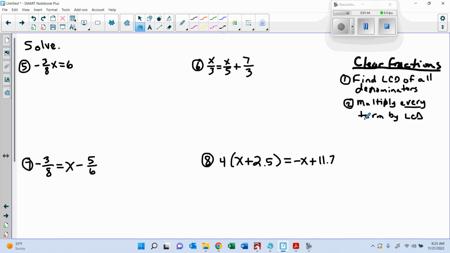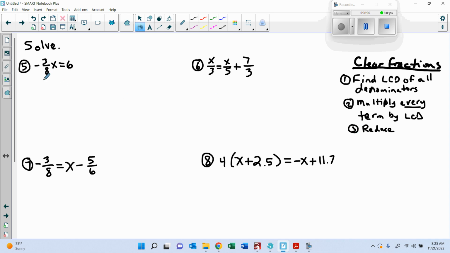That's on both sides, okay? Every term. All right, so that's important, whether they had a denominator or not. You multiply every term by that, and then you're going to basically reduce all your fractions. So I'm just going to write reduce because you're going to have stuff that you can reduce on that.